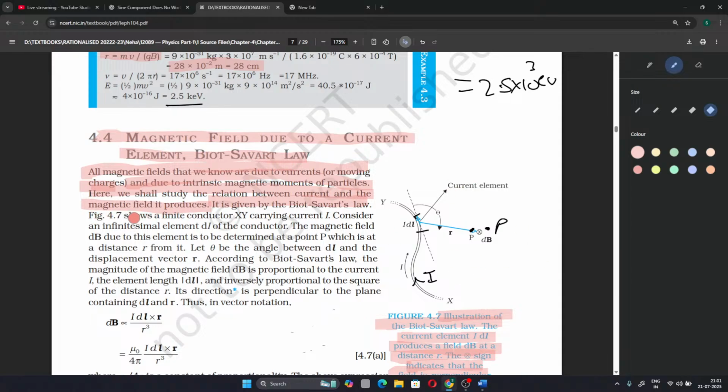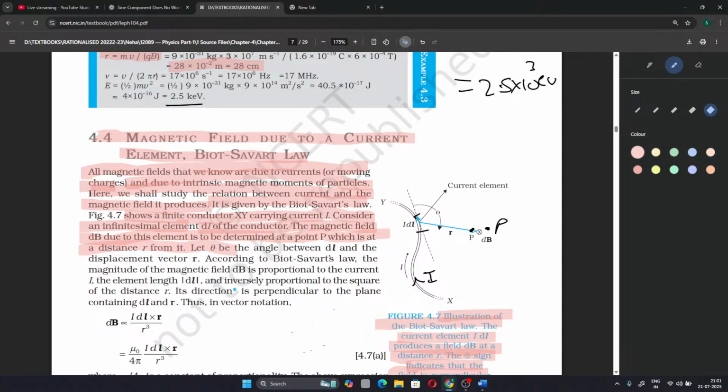This figure shows a finite conductor XY carrying current I. Consider an infinitesimal element, a very small element dl of the conductor. The magnetic field dB due to this element is to be determined at a point P, which is at a distance r from it.